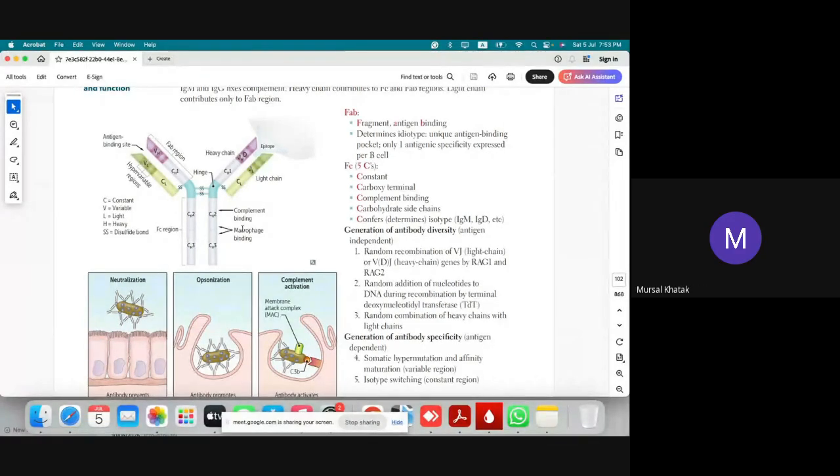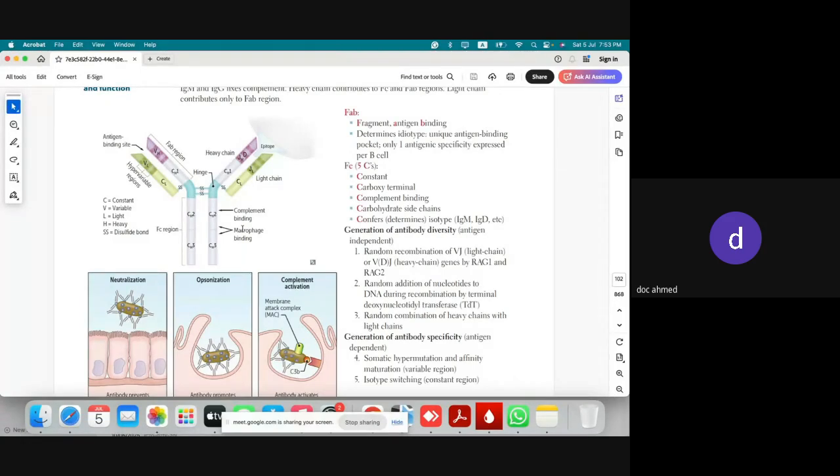More affinity, more love, right? In the variable region, once an antigen is attached there, those antigens which have more affinity towards that variable region would survive. As we discussed in the concept of VDJ recombination, the 312 and 312 are going to have more affinity because their codes are the same.